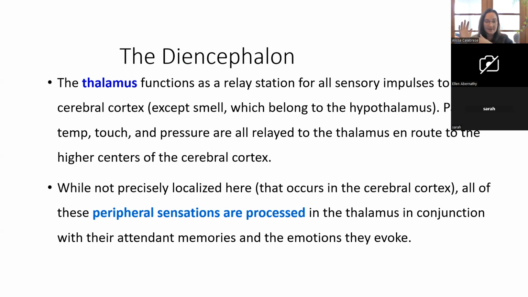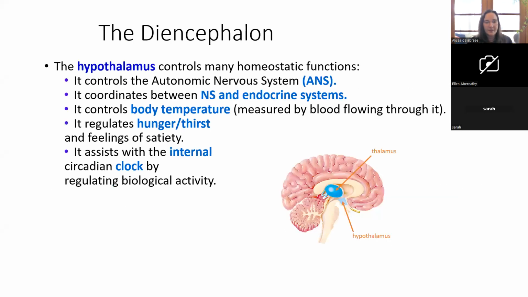So if I've got a sense of touch from my hand, that follows an afferent pathway to the brain. The thalamus will then send it to the correct part of the parietal lobe so that I can perceive it as touch of the hand, right? If it's another sensation, the thalamus will route it wherever it needs to go. So processing and sending those peripheral sensations where they're supposed to go. And then the thalamus is right there, kind of right dead center of the brain.